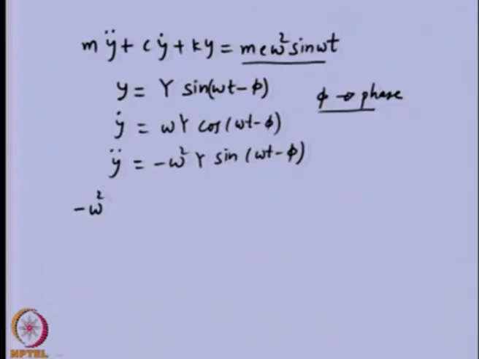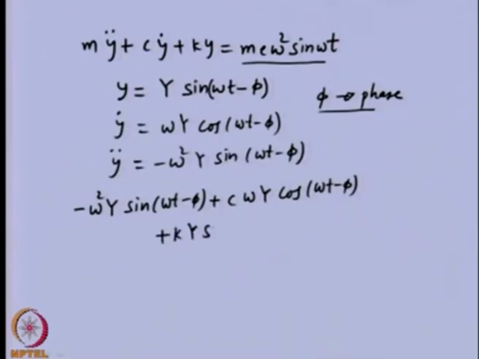So, we can write like this, omega t minus phi, and then the last term corresponding to the stiffness in the left hand side. This should be equal to the unbalanced force.